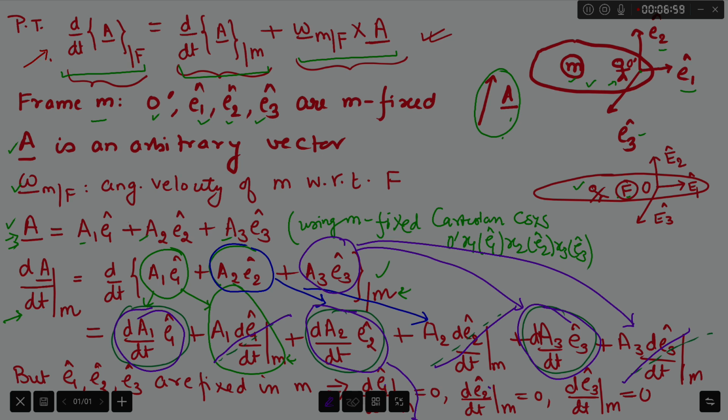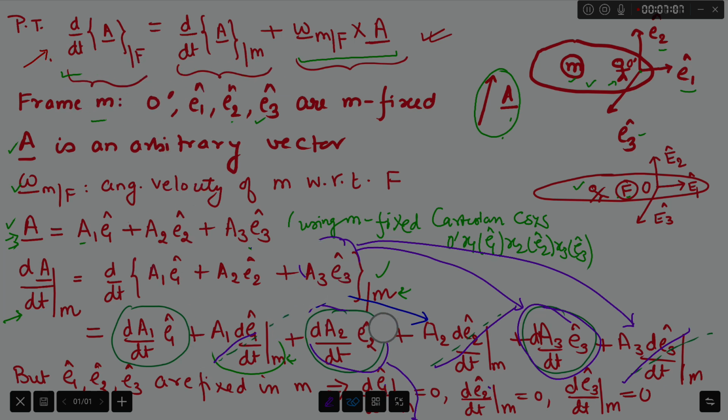We move to the next slide with this simplified expression.